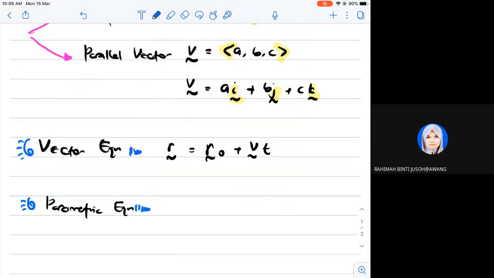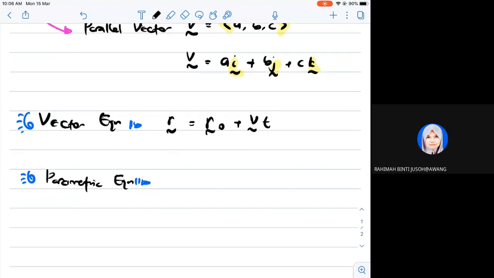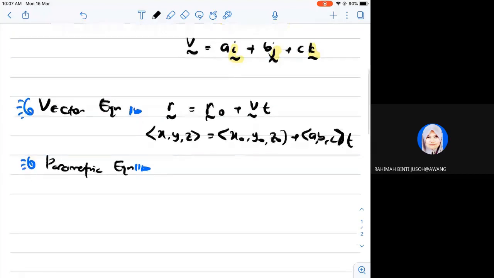Okay, this is actually comes from the vector equation. Alright, asal usul parametric equation adalah daripada vector equation, where we have, if you see from above here, R is X, Y, Z equals to R naught is X naught, Y naught, and Z naught plus V is actually A, B, C lah, multiplied by T. Okay, so in parametric equation, we will have a notation like this.